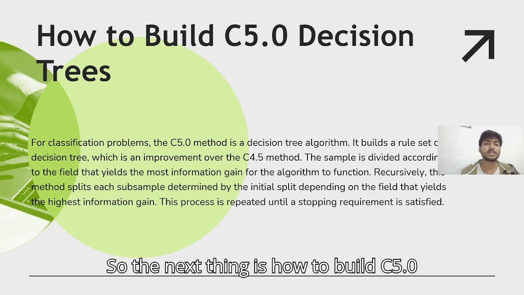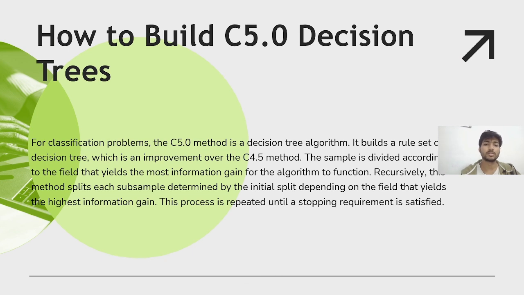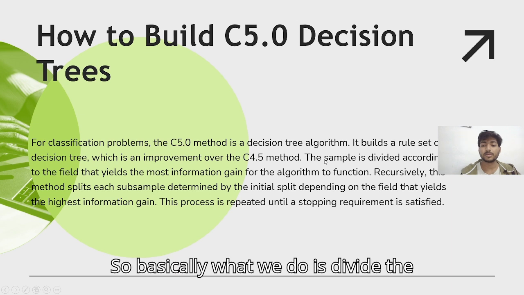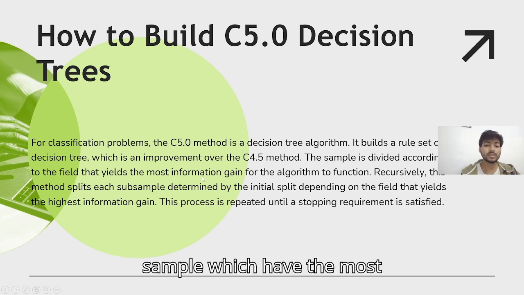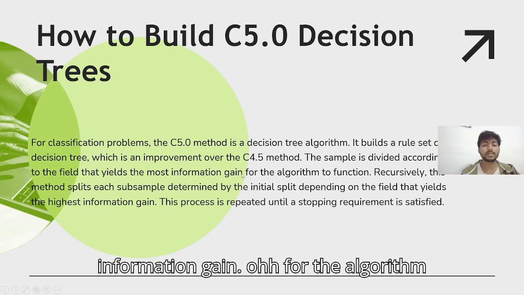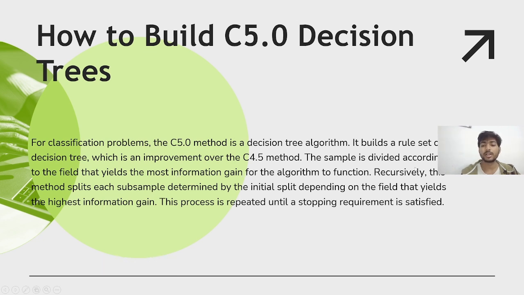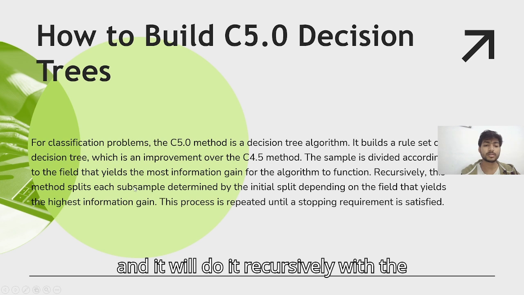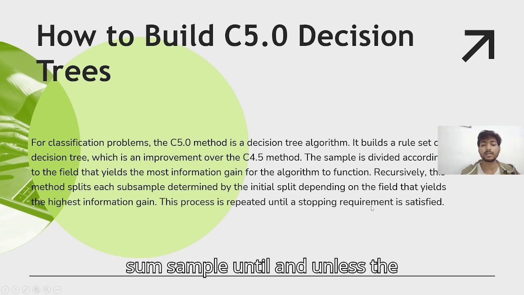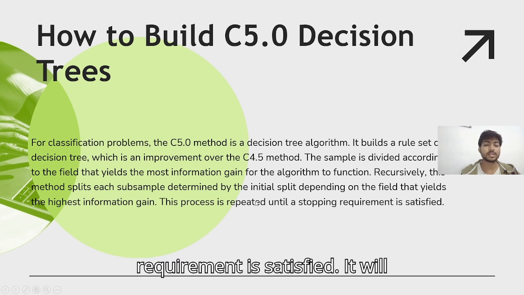So the next thing is how to build a C5.0 decision tree. C5.0 is a method in a decision tree. It basically builds a rule set. What it does is divide the sample on the field with the most information gain, and it does this recursively with the sample until the requirement is satisfied.